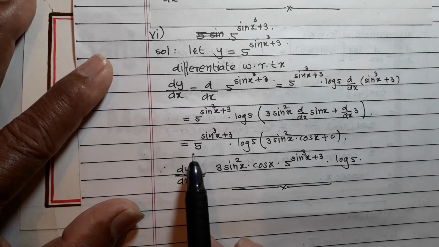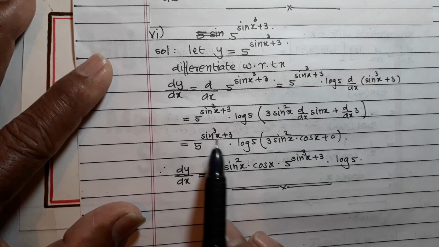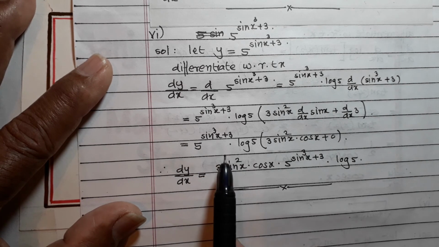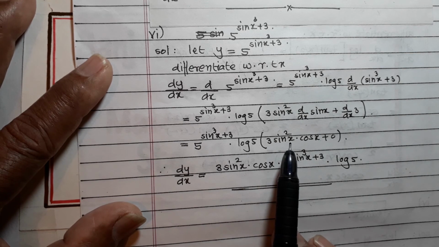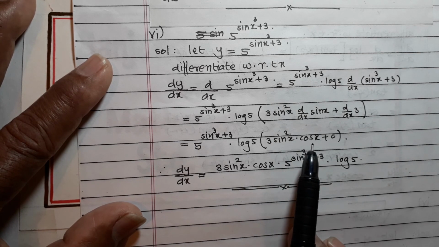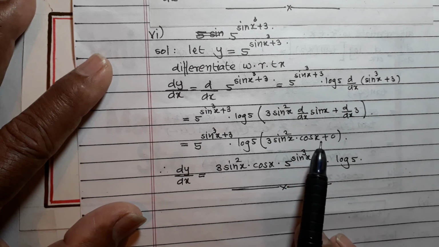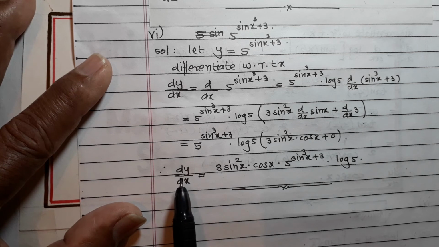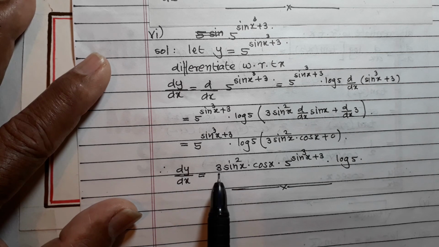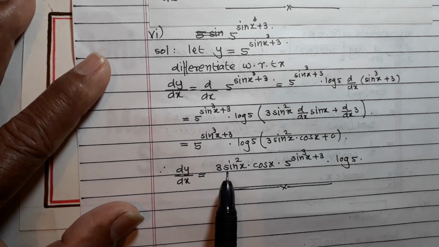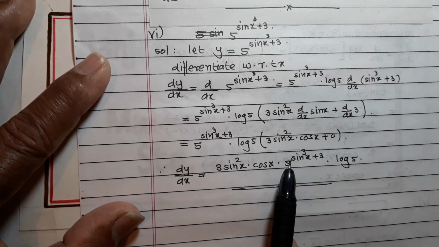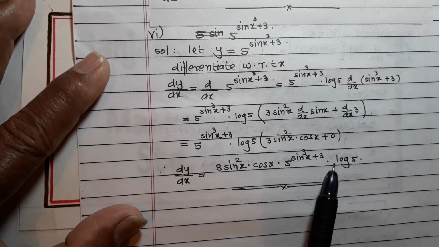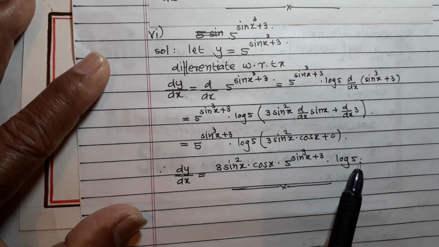Okay. So it is equal to 5 raised to sin x cube plus 3 into log 5 into bracket 3 sin square x into derivative of sin, which is cos x, this is 0, and then you write down dy/dx is equal to 3 sin square x into cos x into 5 raised to sin x cube plus 3 into log 5.